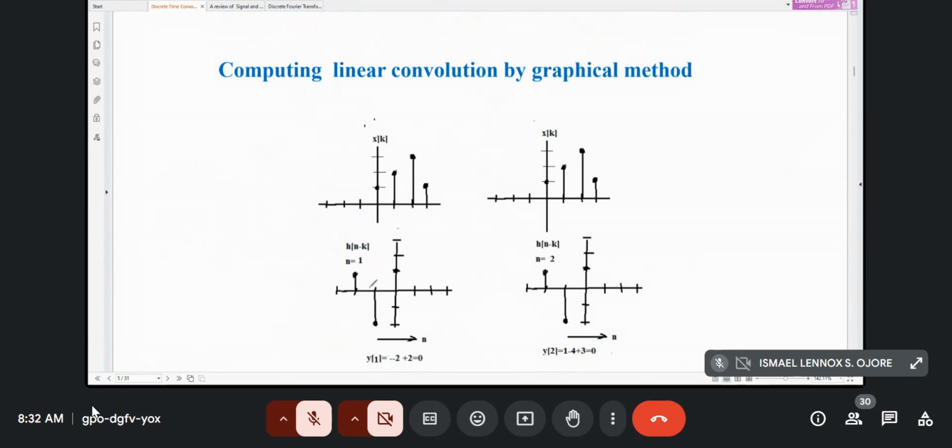We have x of k, and now we have h of n minus k when n is equal to 1, which is actually h of 1 minus k. And you do the same math again. So this corresponds to this corresponds to this. Oh, sorry. I think it's always good to start from here. This corresponds to this, therefore this corresponds to this.